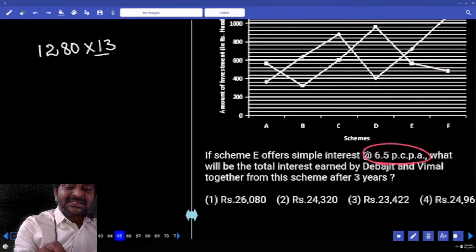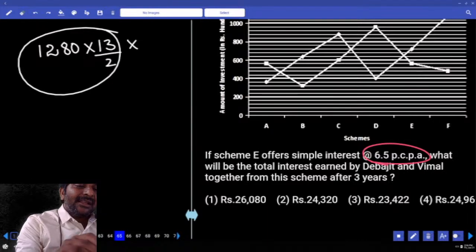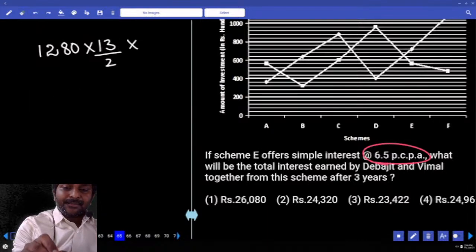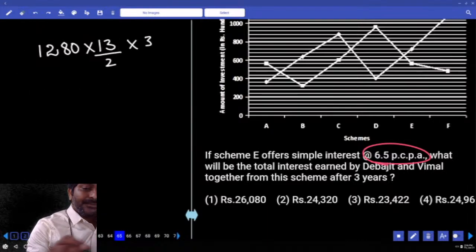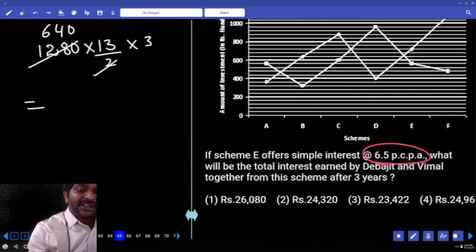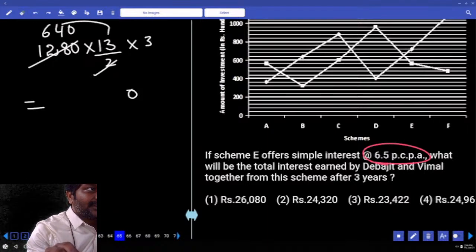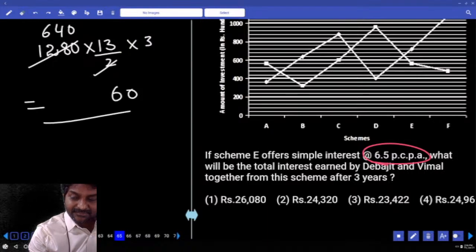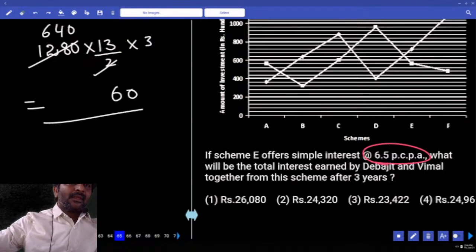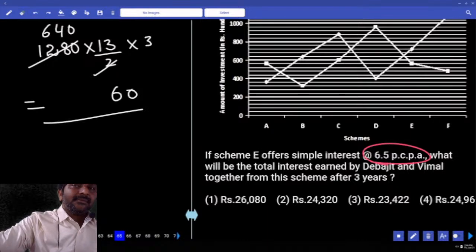Can we write it as 13/2%? And this is for 1 year, but we were asked to calculate it for 3 years, correct? As you have 0, you will definitely get 0. 4 threes ends with 2 threes. Answer ends with how many? Done.